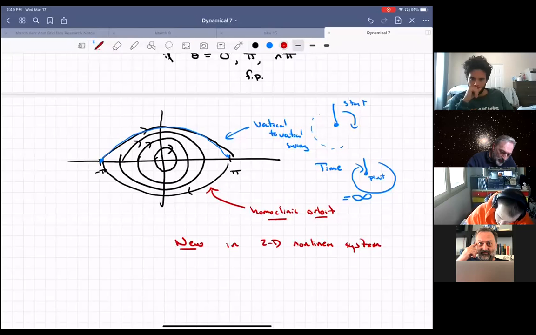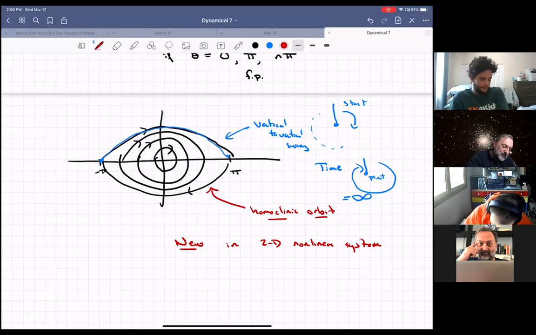There are no homoclinic orbits in linear systems. In linear systems, there's centers, there's spirals, there's stable nodes, there's saddles. But the idea of a homoclinic orbit is a completely new thing, which has come from the nonlinear system.